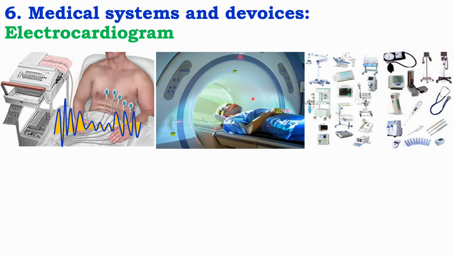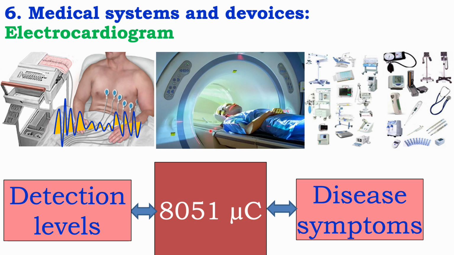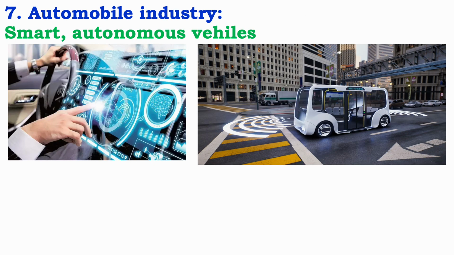Similarly, cancer tumors are also identified by medical devices. There are many medical devices I have given here in pictorial representation. These all work with the 8051 microcontroller by taking the symptoms of a disease and the identification levels of a disease. So this is one famous application in medical systems.